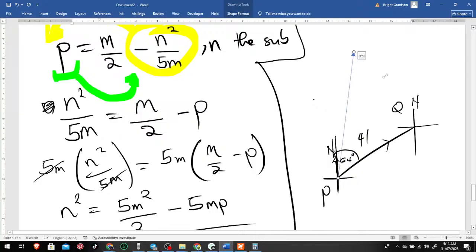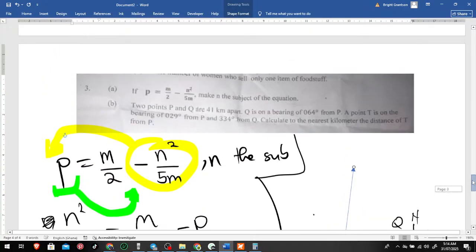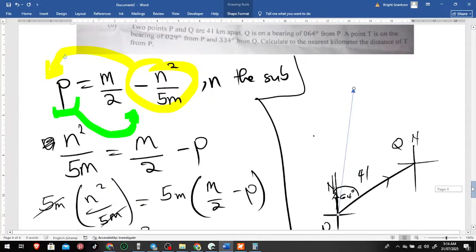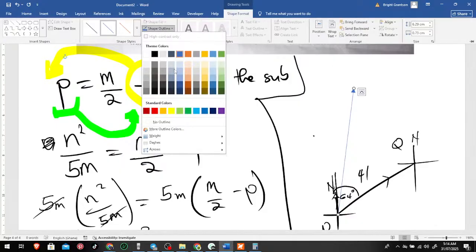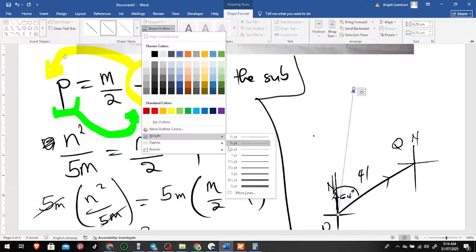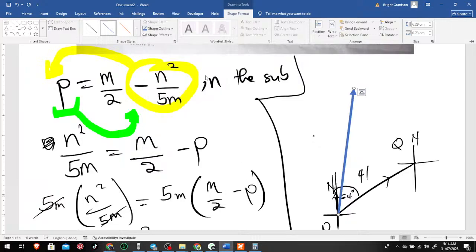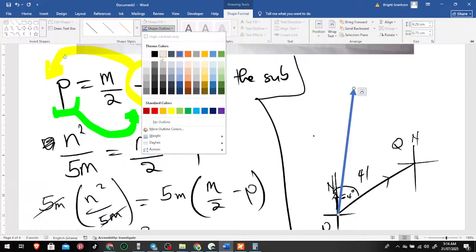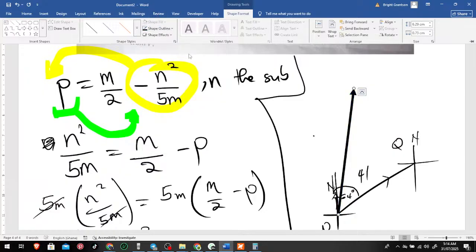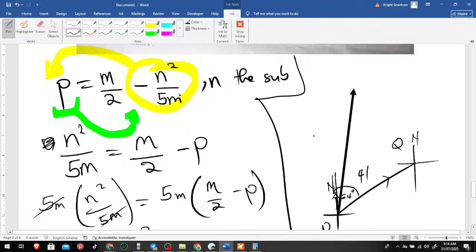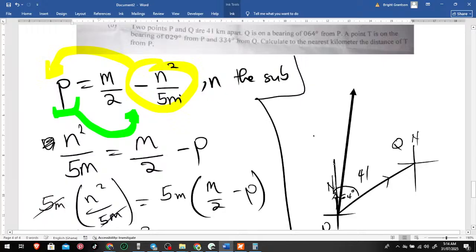Let me read the question again. T is a point on a bearing of 29 degrees from P. So the new line I have drawn will be this thing. Now, do you understand? The 29 degrees is from the north here up to here.